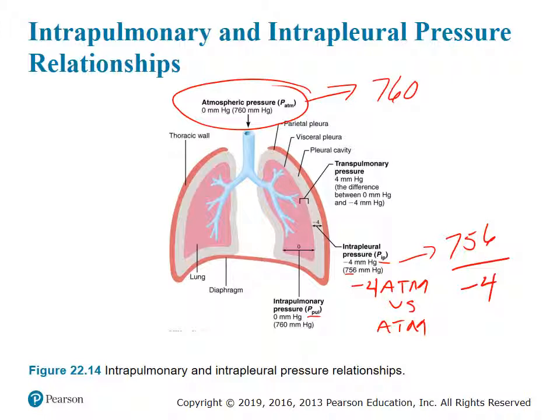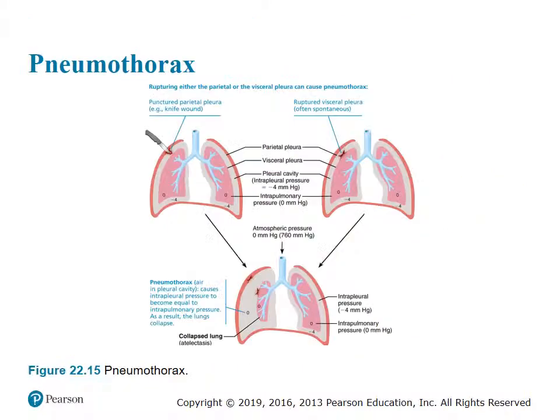And so the transpulmonary pressure, the difference there, is in this example 4. In that range, again, we can inflate and deflate the lungs, and there should be no issue whatsoever.